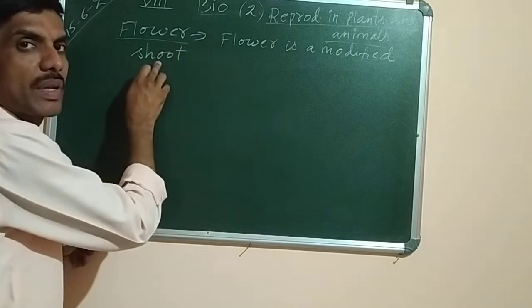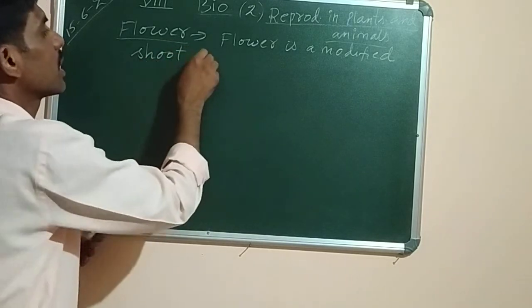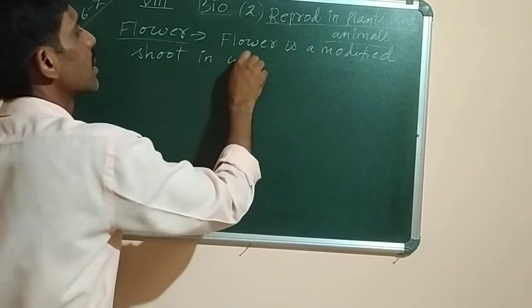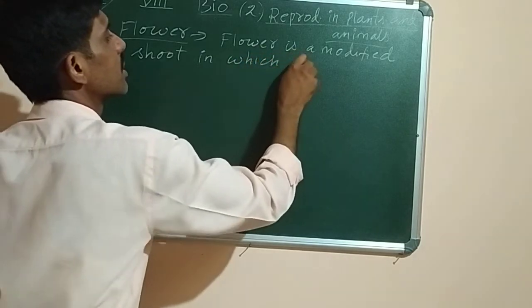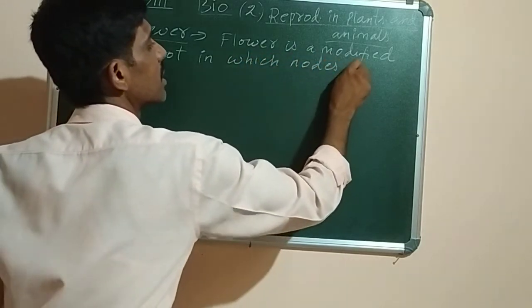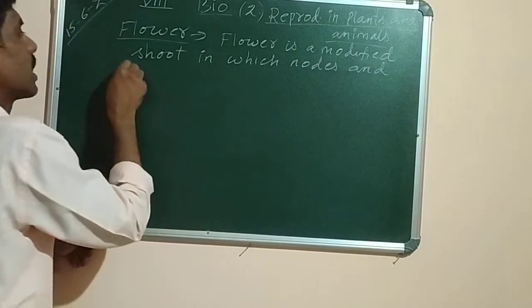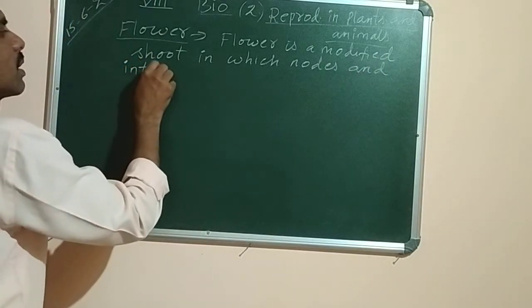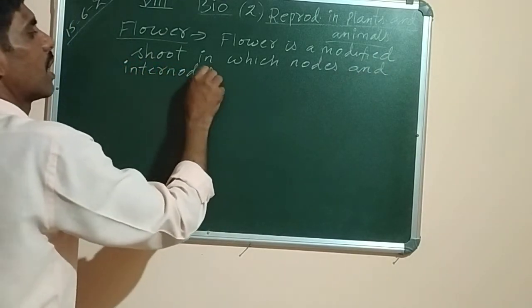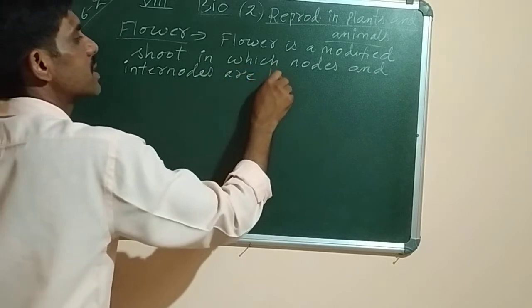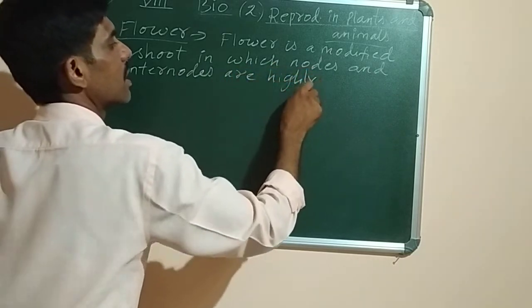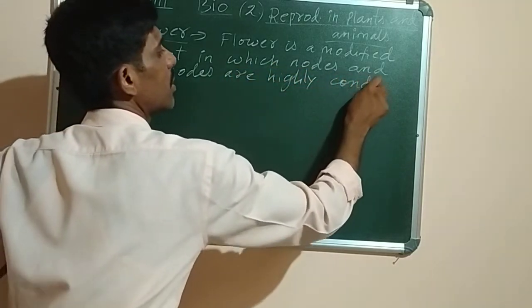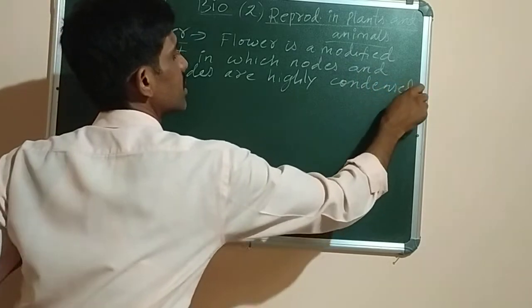Shoot means the part of the stem, in which nodes and internodes are highly condensed. Condensed means they are very close to each other, indistinguishable.